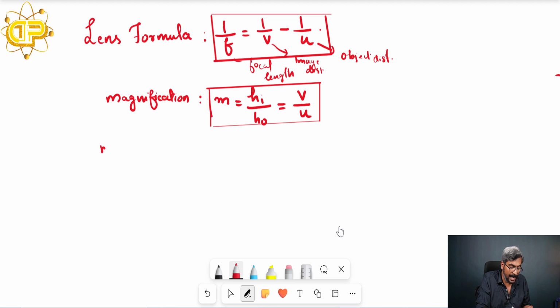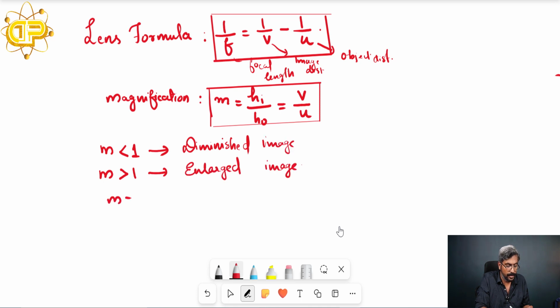Magnification less than 1 indicates it is a diminished image. Magnification greater than 1 indicates an enlarged image. Magnification equal to 1 indicates V is equal to U, as well as HI is equal to HO.